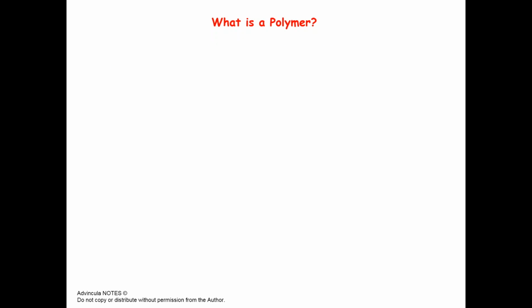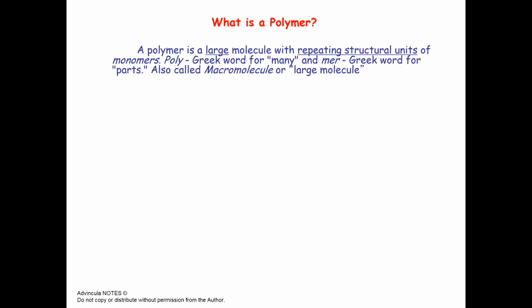So what is a polymer? A polymer, again, is made up of large molecules. Those large molecules are polymerized or made up from monomers that are stitched together to form a polymer. Again, the Greek word mer means many parts.